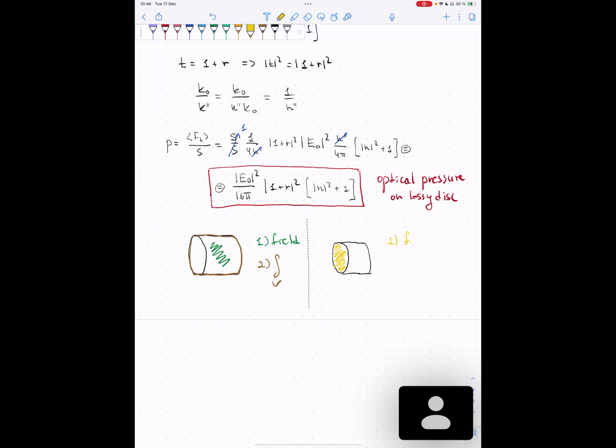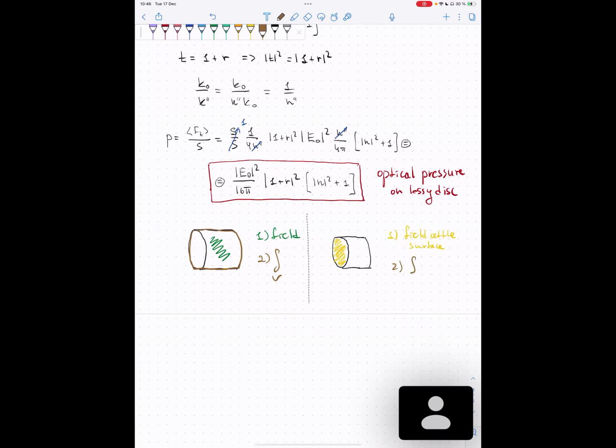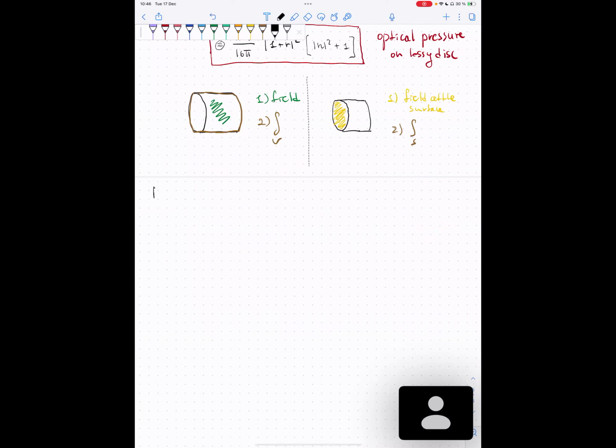First, it's the field at the surface, and second, the integral also should be done over the surface. And this can be done with the thing that's called Maxwell's stress tensor.